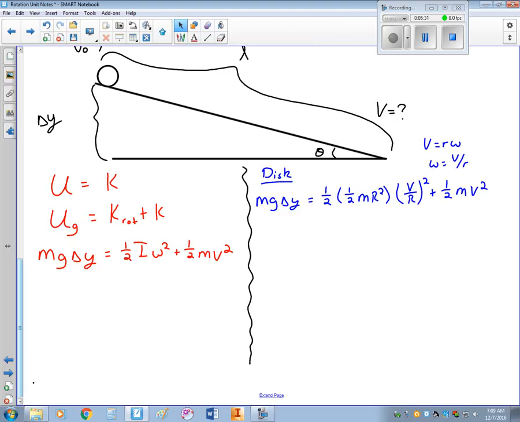Now when we do a little bit of algebra, notice that the mass cancels out. And notice that this r squared, and I'm going to have v squared over r squared, so the r squareds cancel out.